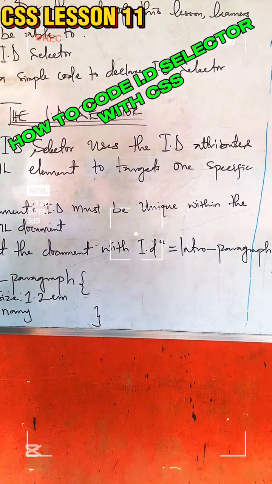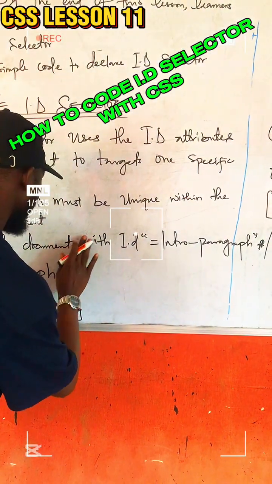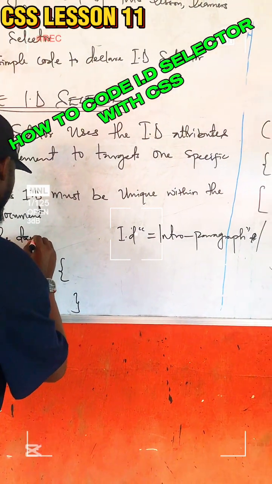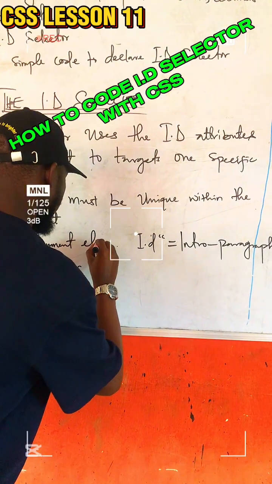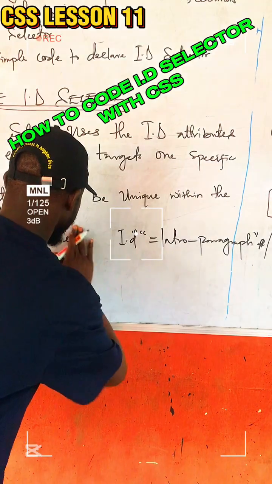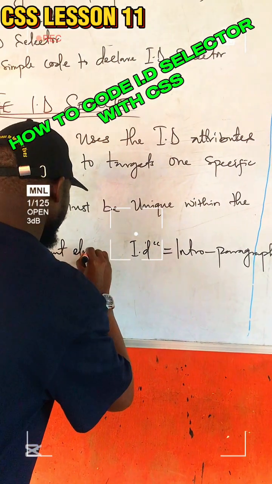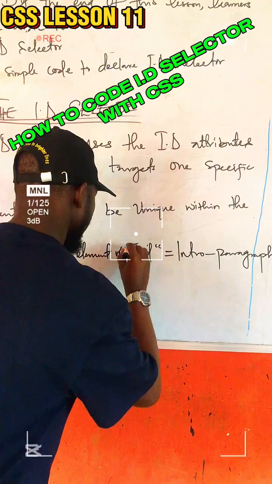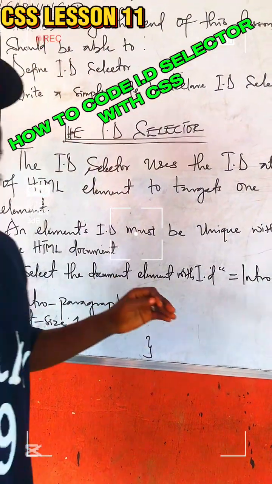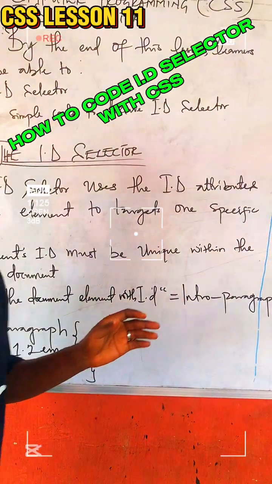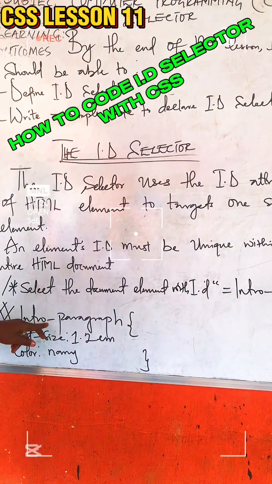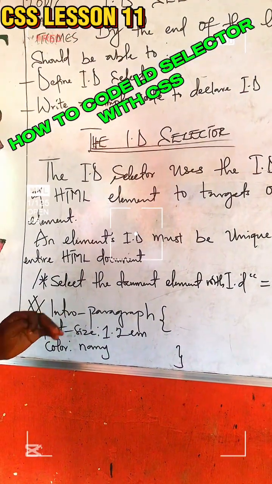Select the document element. Now one of the rules or rudiments in CSS, particularly if you are writing code, is that you do not apply space.